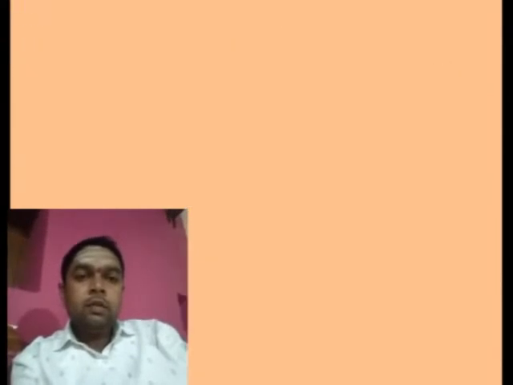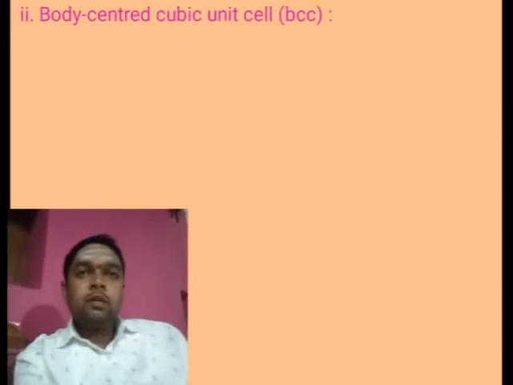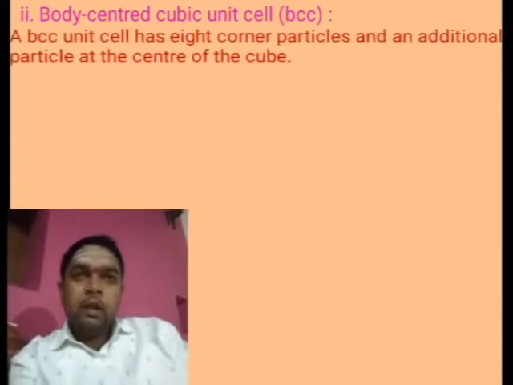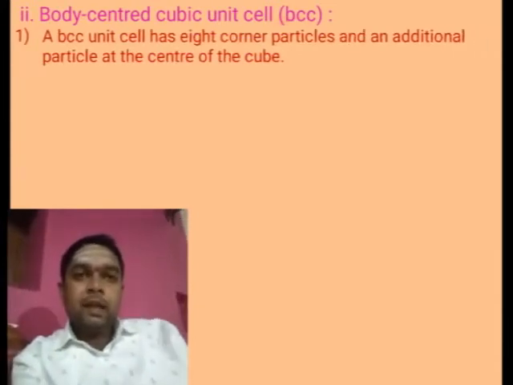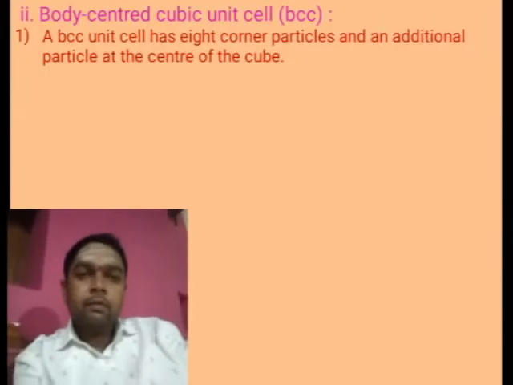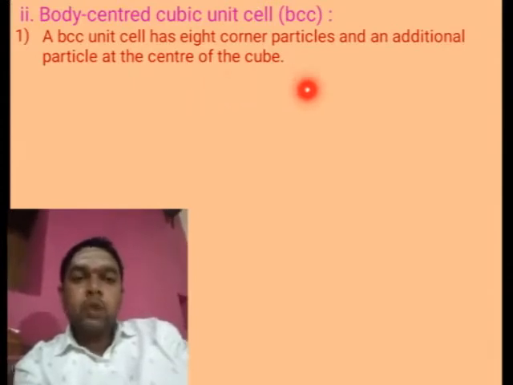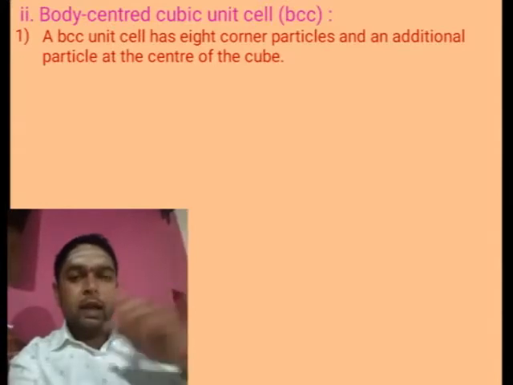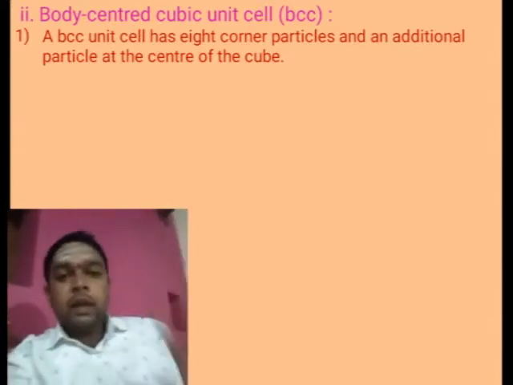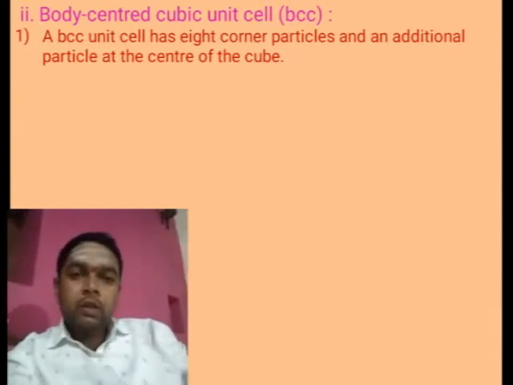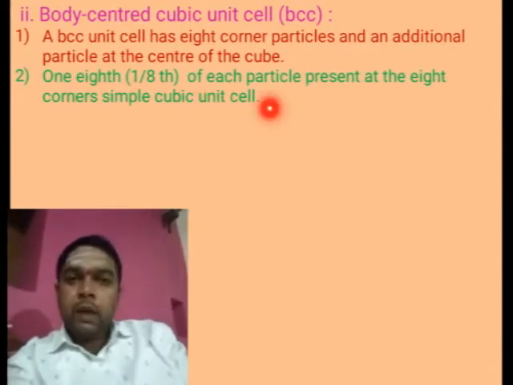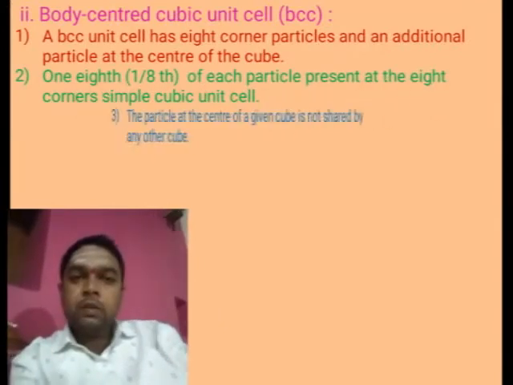The BCC unit cell has 8 corner particles and an additional particle at the center of the cube. One particle is present at the center, and the 8 corners each contain 1/8 of a particle.